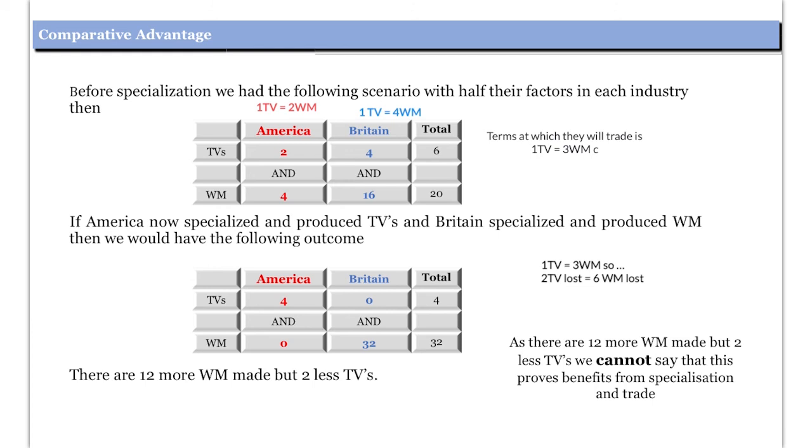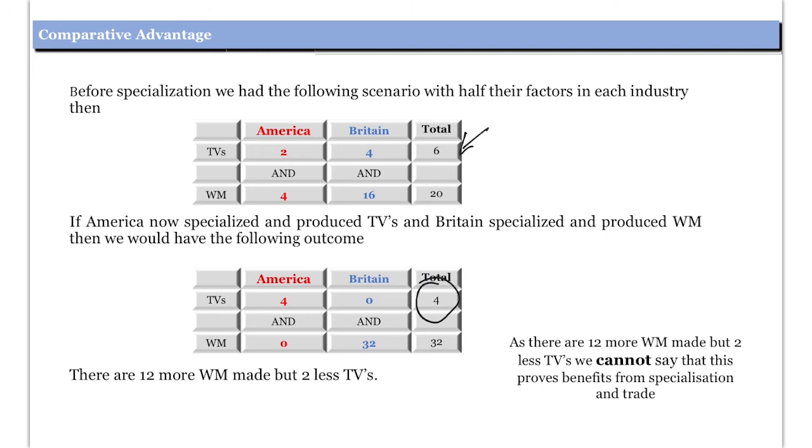Another way, which I'll show you in the next slide, is to part specialize. Now the problem here, if you remember, is that you've only got 4 televisions, and you used to have 6.